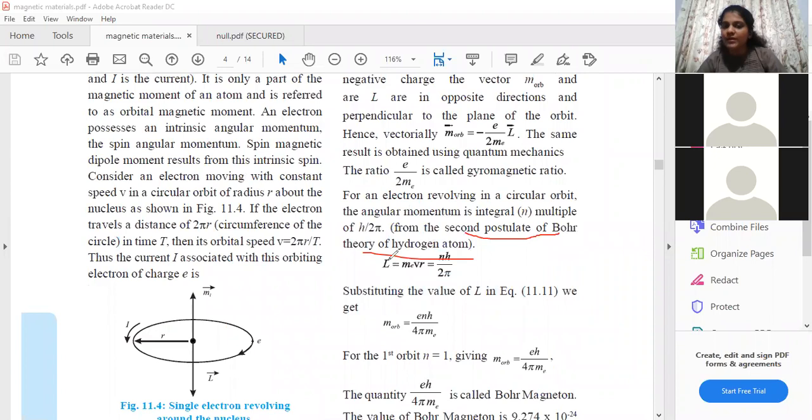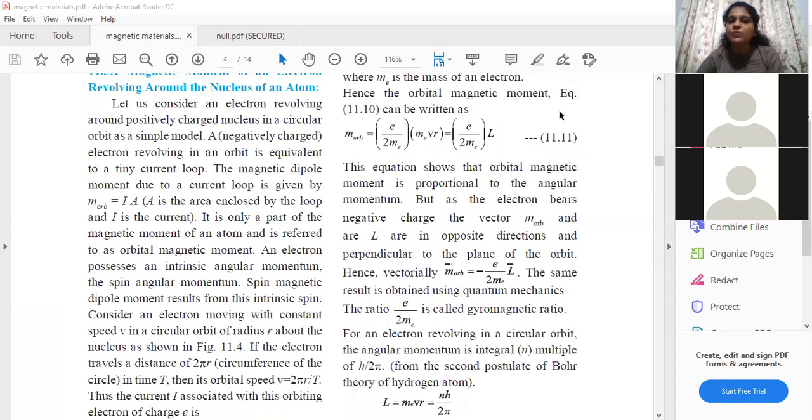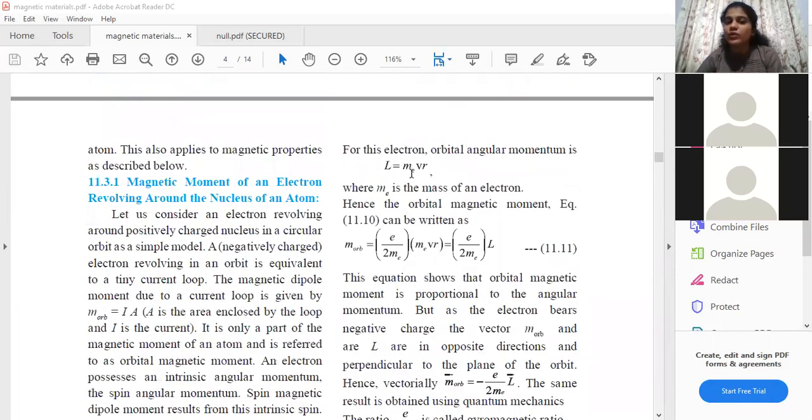Your angular momentum is equal to m_e v r or nh by 2 pi. So this particular equation we'll be using now, in order to write the formula for angular momentum, not I omega. So students, angular momentum is written as L is equal to m_e v into r, where v is the velocity of the electron, r is the radius, and m_e is nothing but the mass of an electron. That is very obvious.